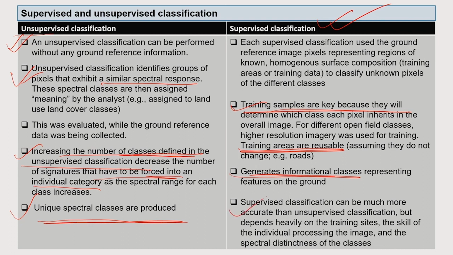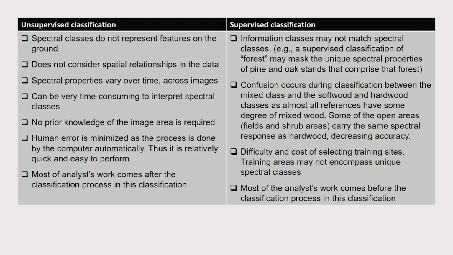Supervised classification can be much more accurate than unsupervised classification, but it depends heavily on the training sites. Unlike unsupervised classification, the skill of the individual processing the image is the deciding factor. So the person working with supervised classification has to be really sound in technique, and a good amount of training is required.